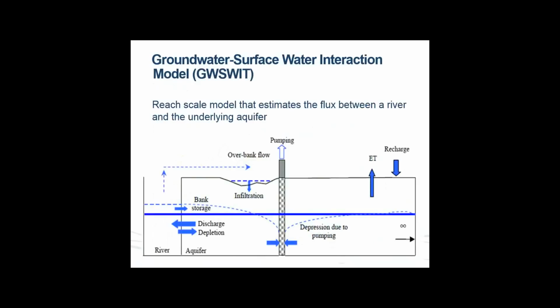It also includes a component enabling you to model constituents like salinity. The model estimates the surface water groundwater exchange fluxes from each of these individual processes and then uses superposition to evaluate the overall flux. So this is a really useful tool for modelling the effects of pumping and recharge, particularly when there isn't much data or you don't want to build a full-blown 3D groundwater flow model.